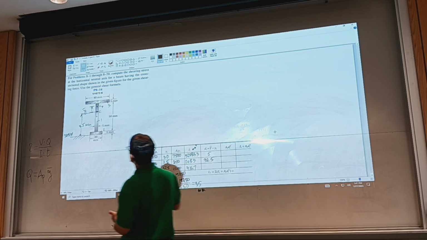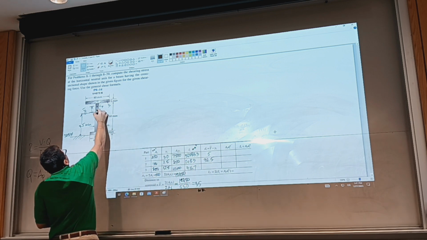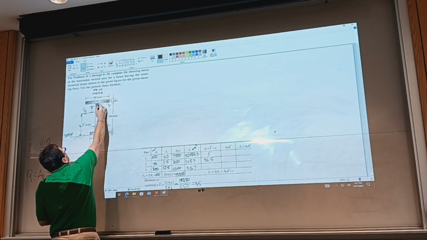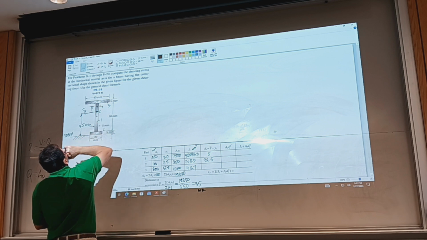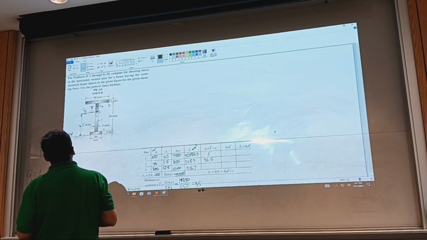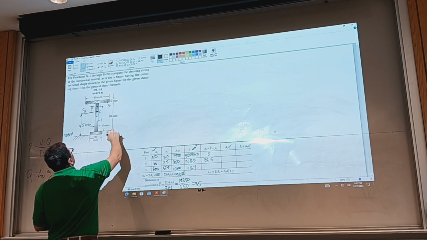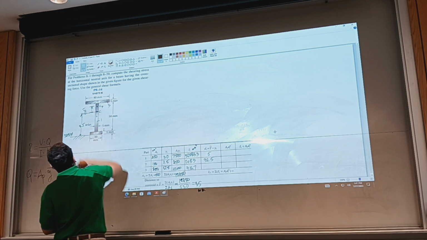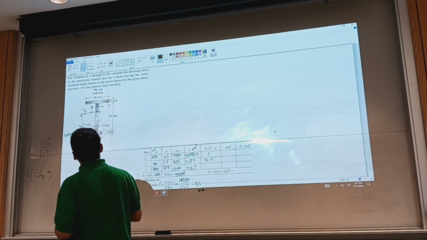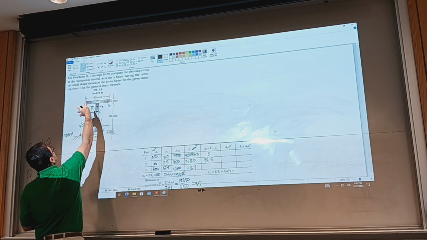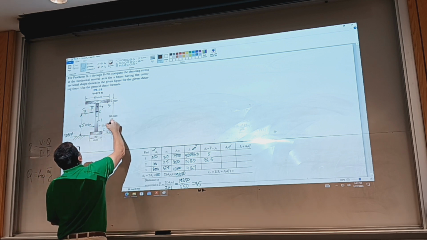And then the distance from the centroid of the assembly to the centroid of piece number 3, how can we go? We take 60, subtract 35, and then subtract 2.5. Am I right?